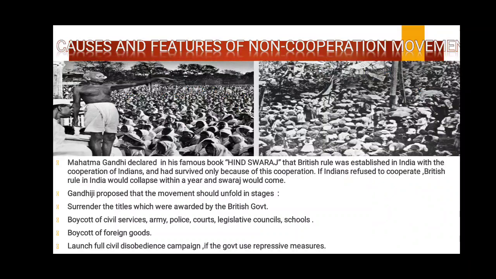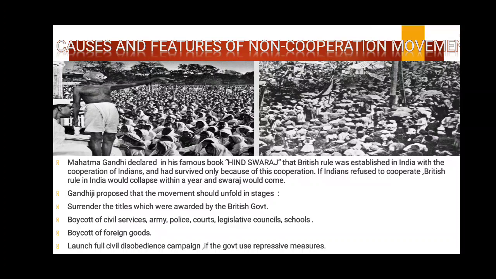In his very famous book, Hind Swaraj, he mentioned that British rule was established in India with the cooperation of Indians. So who was the main culprit? Indians only, because Indian rulers supported the British and the British survived only because of their cooperation.